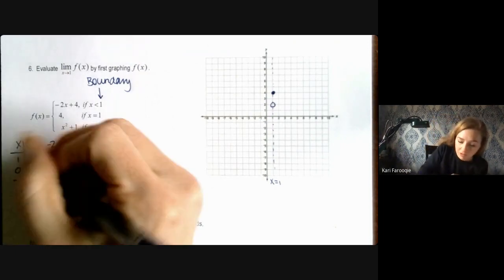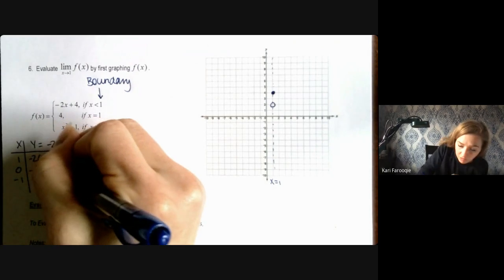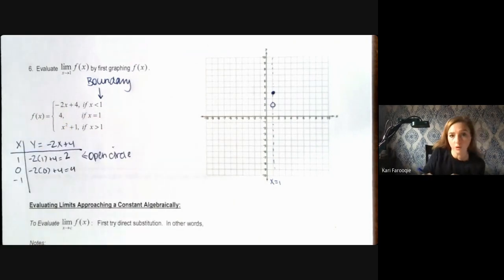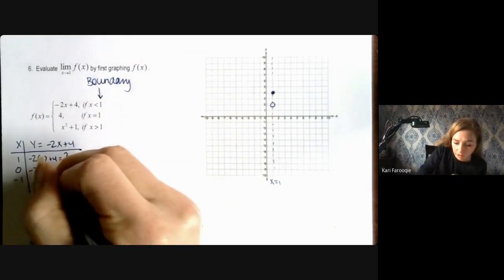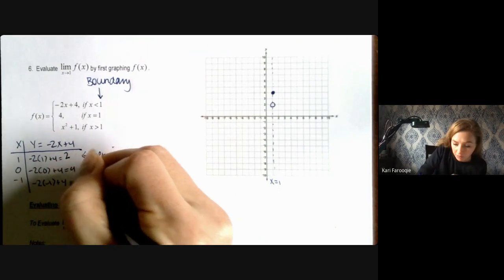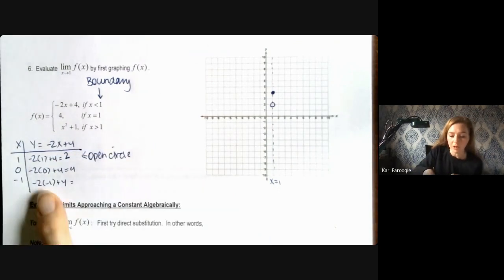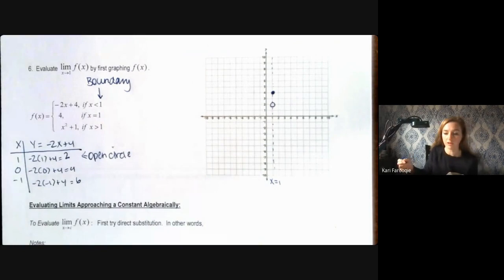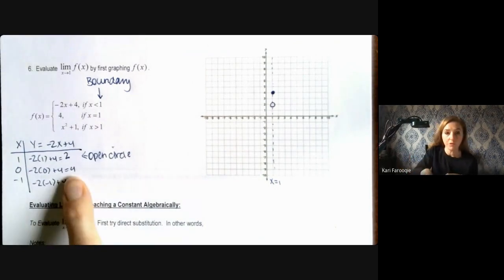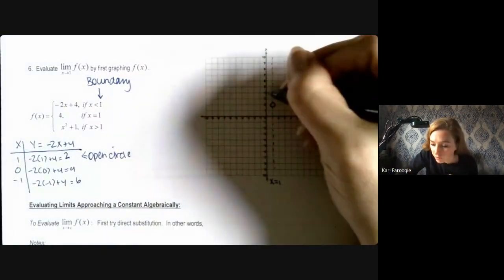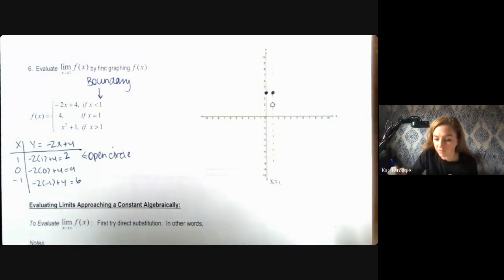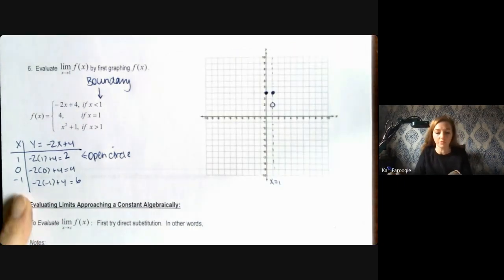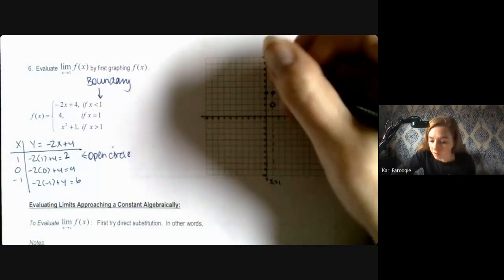When x equals 0, you have negative 2 times 0 plus 4, which is 4. And for negative 1, we'll have negative 2 times negative 1 plus 4. Well, that's positive 2 plus 4, which is 6. So I've got a point at 0, 4, and I can fill that in because that actually exists here. And then I've got another point at negative 1, 6.